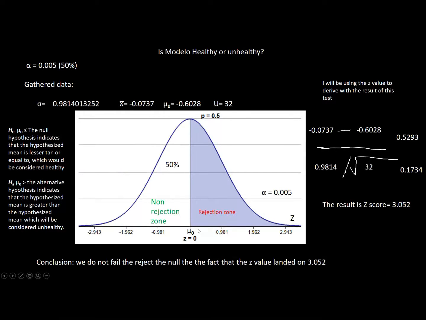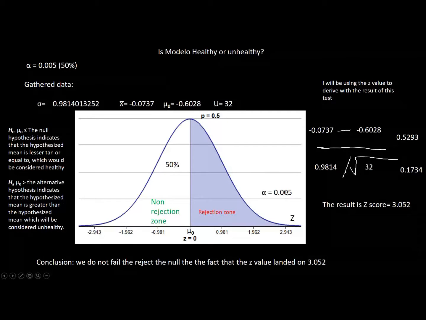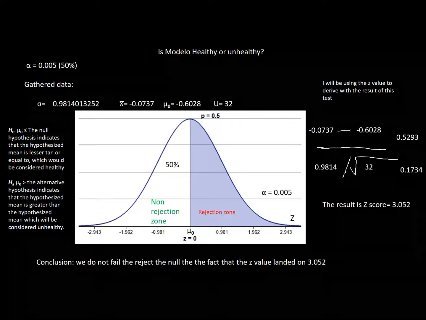You're showing alpha right there, and your alpha right there says 0.5%. No, basically it's 50 percentage. But if you divide 50 percentage by 100, you come up with 0.5.